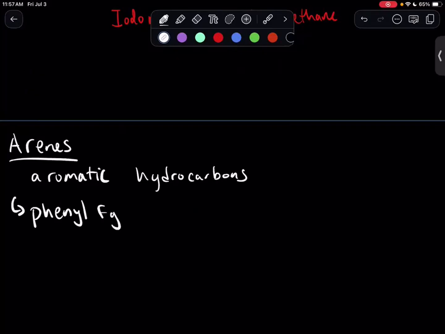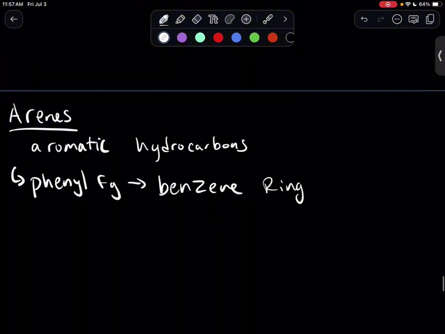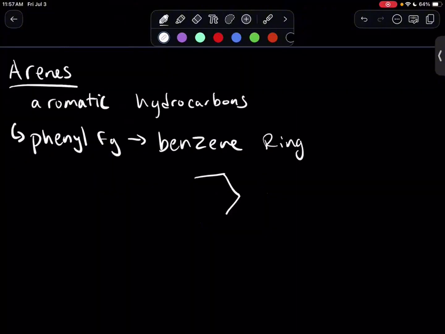And what phenyl basically refers to is a benzene ring. Now, if you remember, benzene is 6 carbons with double bonds and a hydrogen on each, often referred to with the circle.